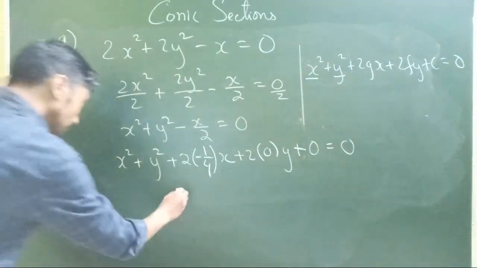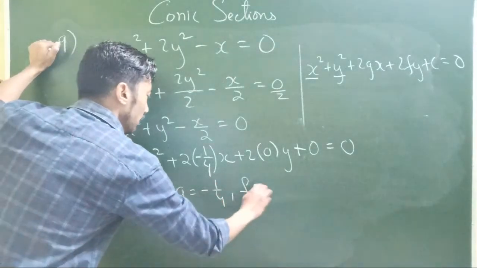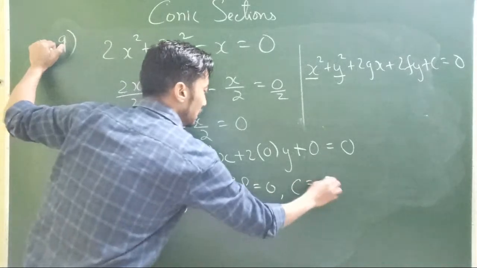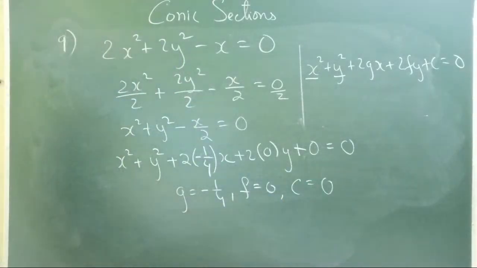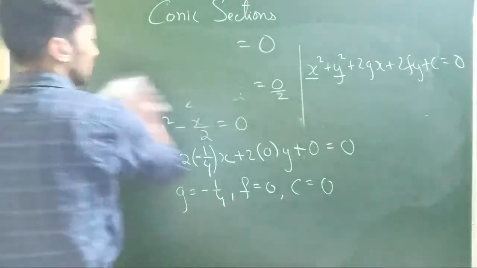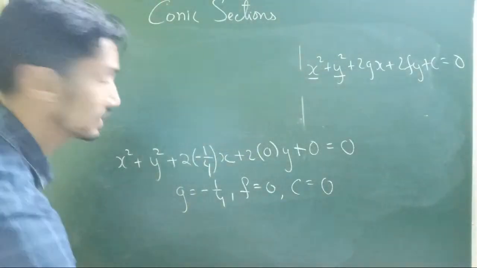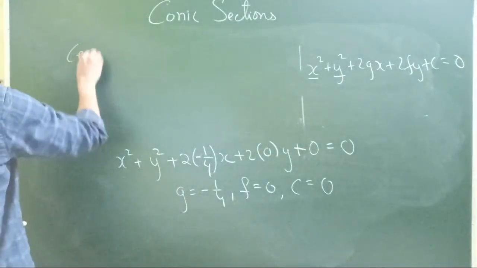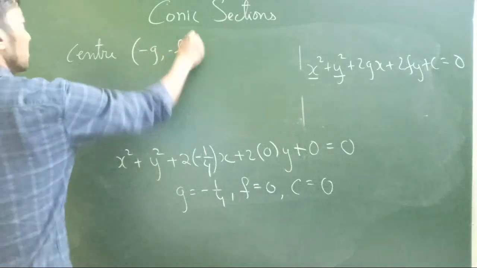So now, what is the value of g for us here? Minus 1 by 4. The value of f, 0. The value of c, 0. So now I believe we can have our center. So center, okay, good to write again: minus g, minus f.